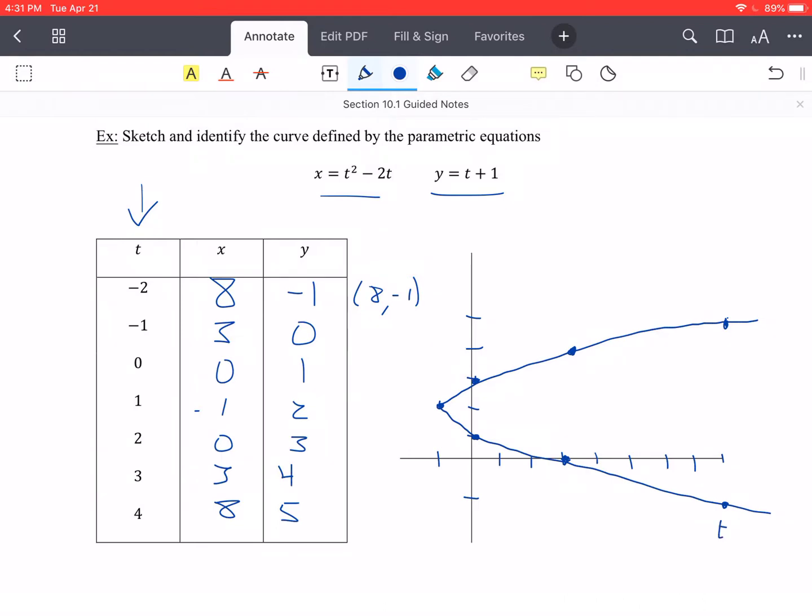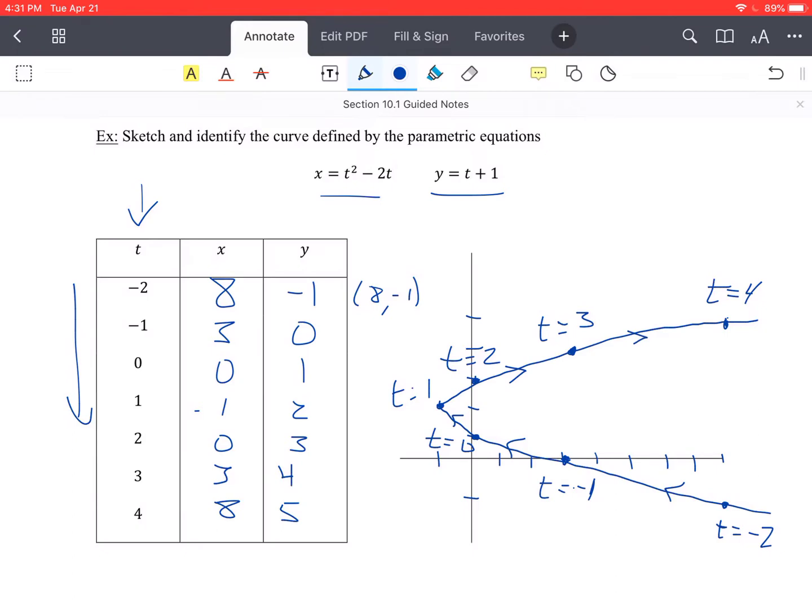So this was t equals -2, this was t equals -1, this was t equals 0, this is t equals 1, t equals 2, t equals 3, and t equals 4. Now the motion, you can see as t increases, as t gets larger as we go down here, the points have a direction to them. It's moving along the curve in this direction.